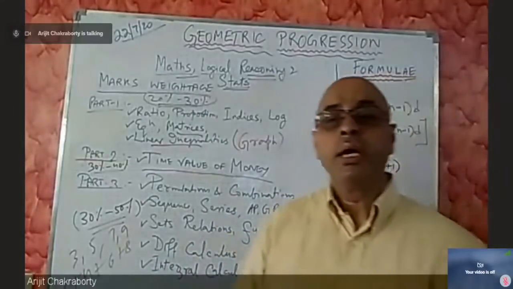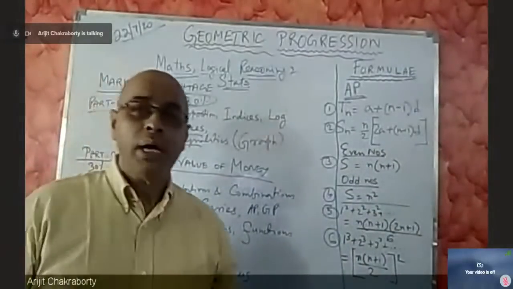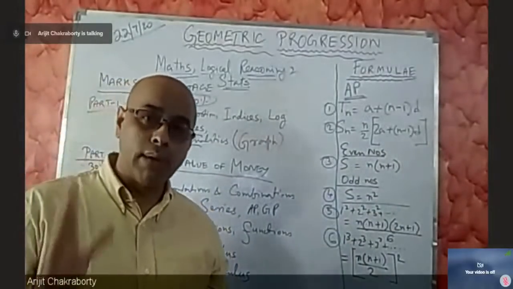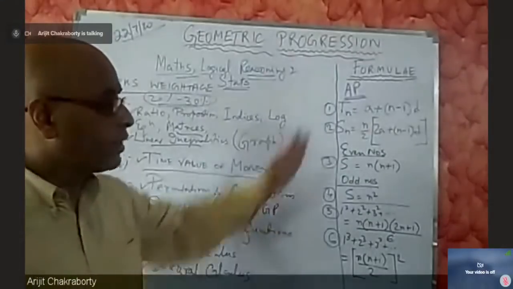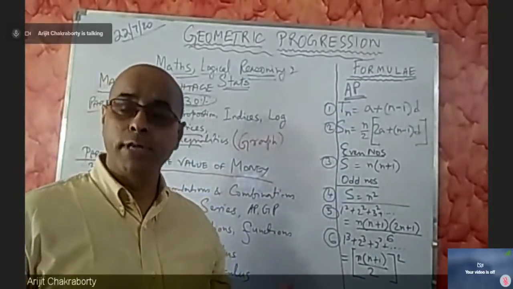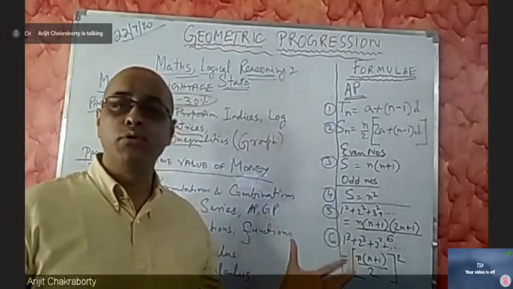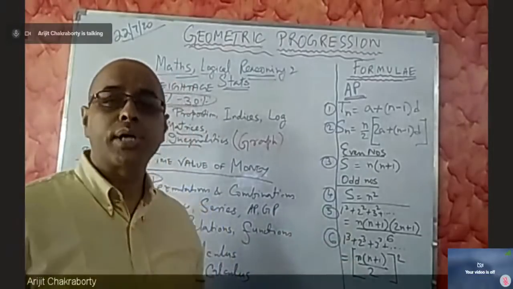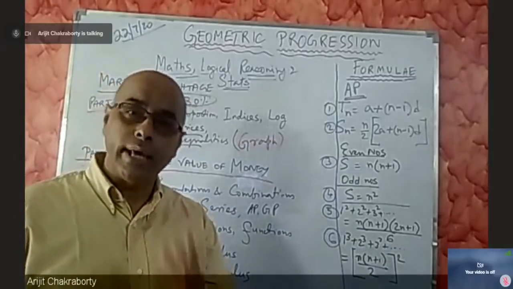Arithmetic progression, please note I have written the formula here so that it helps you. Now, what are the formulas which you need to remember for arithmetic progression? We have covered AP on the last day, and today also we shall be revising a few of the problems, plus we shall also discuss some more questions on AP.